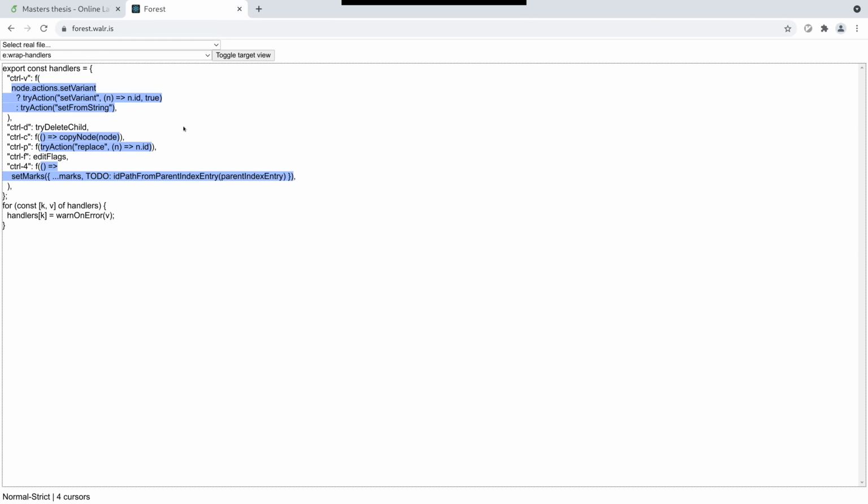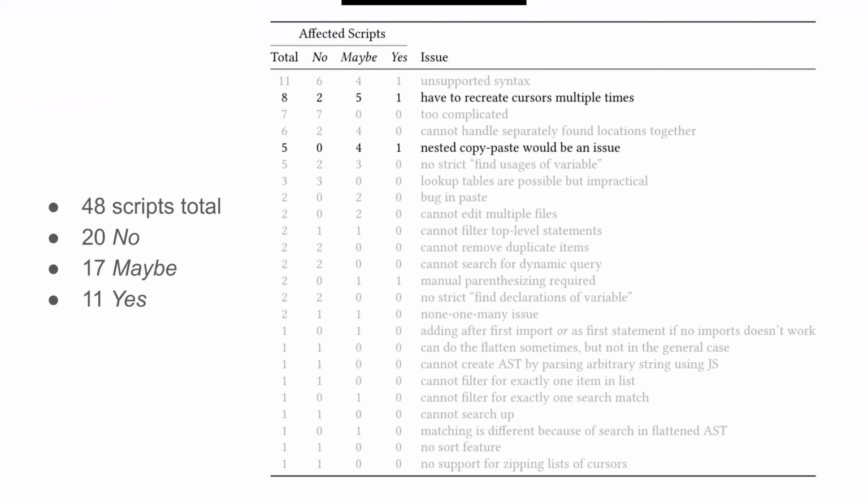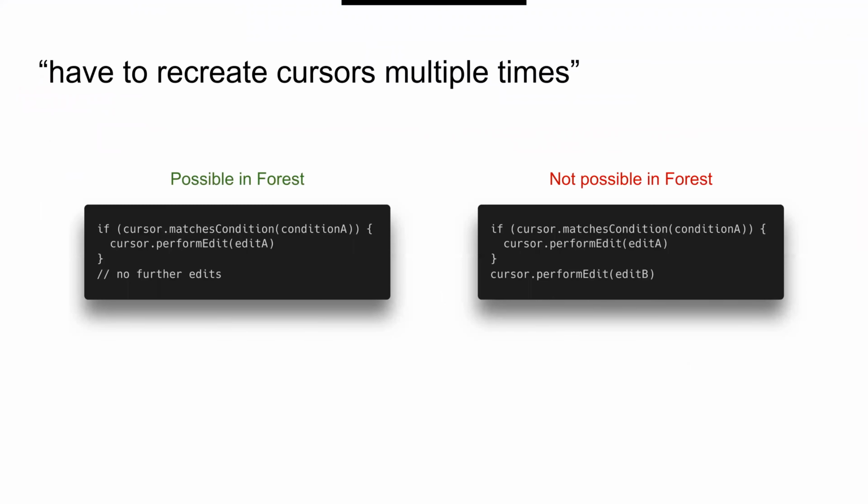But now we have a problem, because we've lost the other two cursors here that we now need to wrap in g. We could manually solve this by just marking those locations and then performing the edit. But this highlights a problem in Forest. So another way to look at this is if we consider the pseudocode that a refactoring script for this task would have.